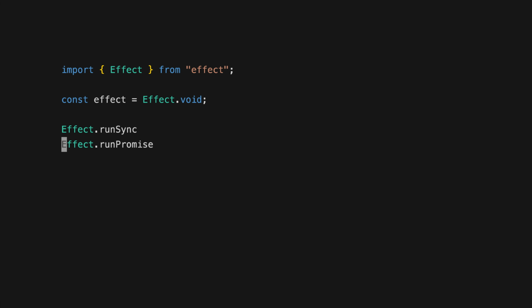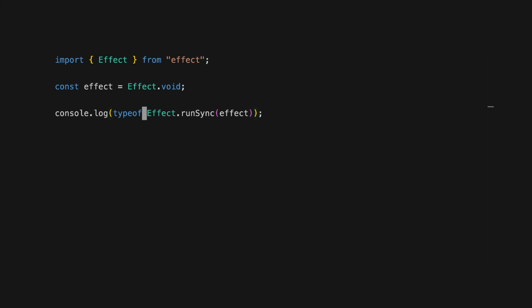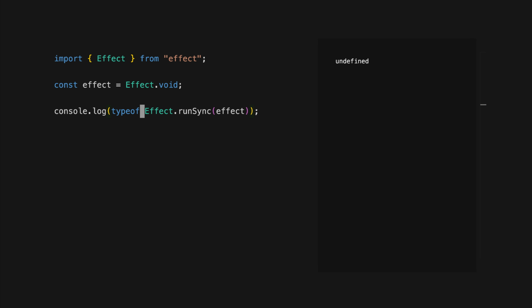Now there is a lot to talk about effect runtime, but for getting started, this should be enough. Effect.void does nothing, so we can use effect.runSync to run the effect.void and console log the result to see what it does. Since it's nothing, it should log undefined, and there you have it. Now this is an effect that does nothing.